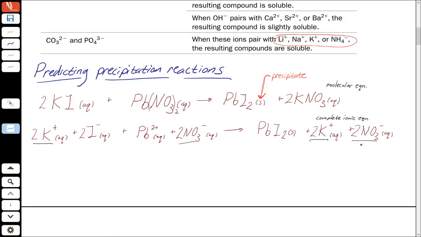So we can also write a third style of this equation called the net ionic equation, where we get rid of all the ions that are just hanging around and not doing anything, and we only write the things that are actually happening.